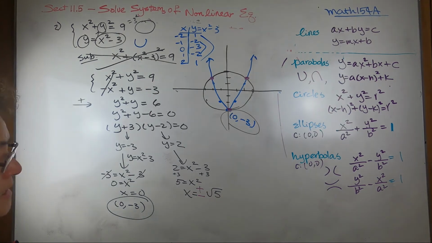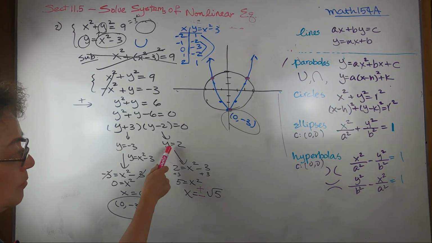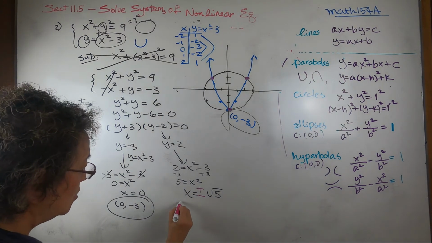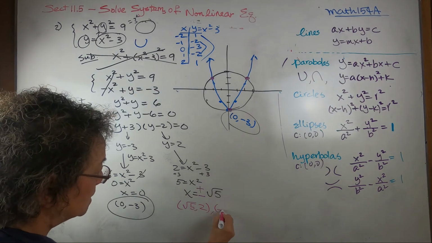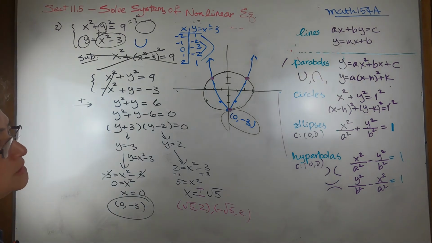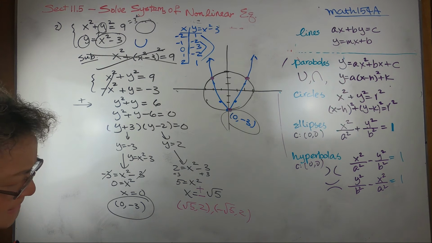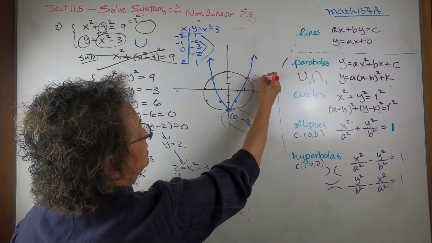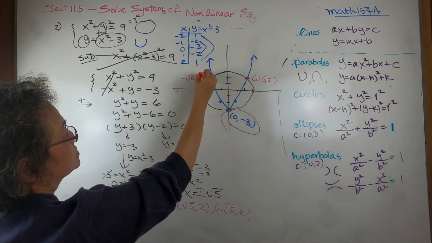Plus and minus, right? Both numbers will be paired up with 2. So the answer should be what? One is the square root of 5 and 2. Another one is negative square root of 5 and 2. You have to write it separately. So square root of 5 is about 2 point something, right? So it's right here, square root of 5 and 2. Here will be negative square root of 5 and 2.